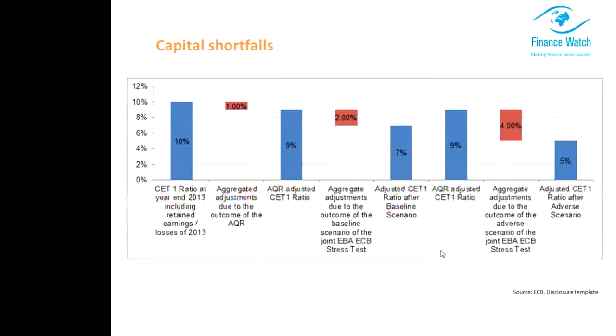So, as a result of the comprehensive assessment, we will receive 3 capital ratios: the AQR adjusted ratio, the ratio under the baseline scenario, and the ratio under the adverse scenario.